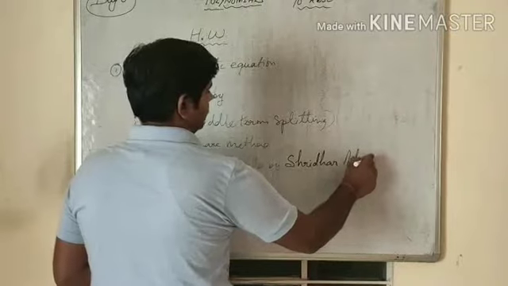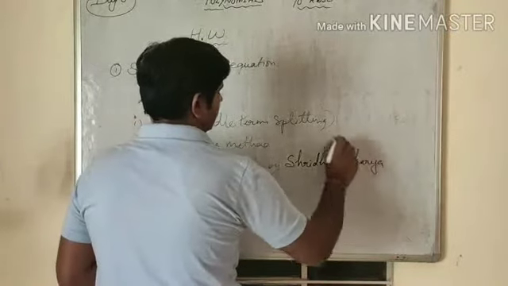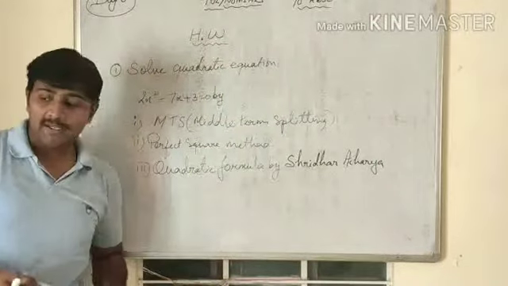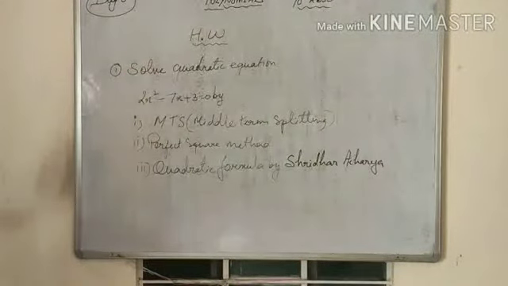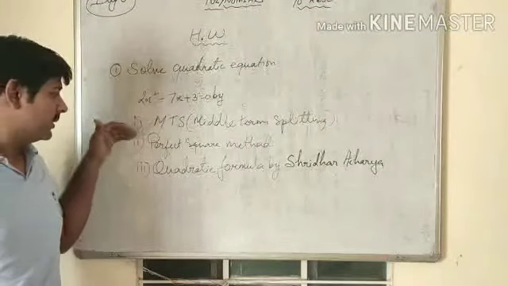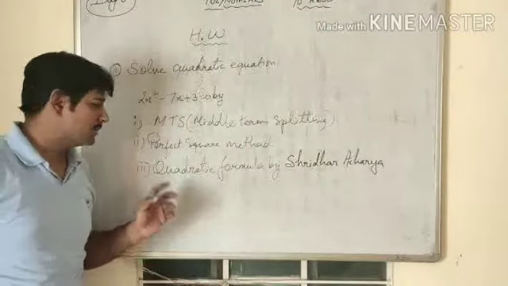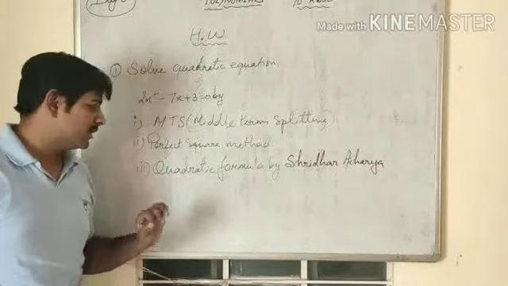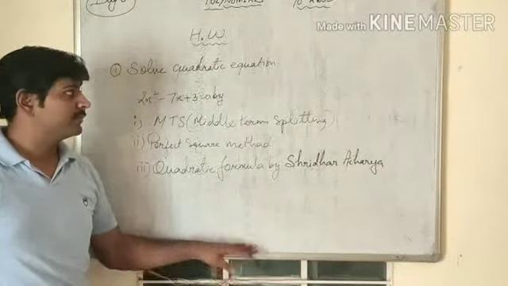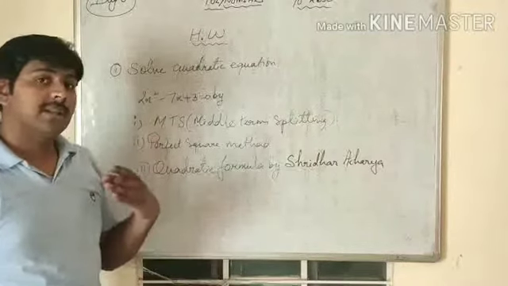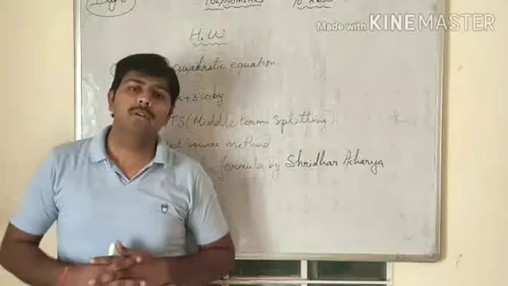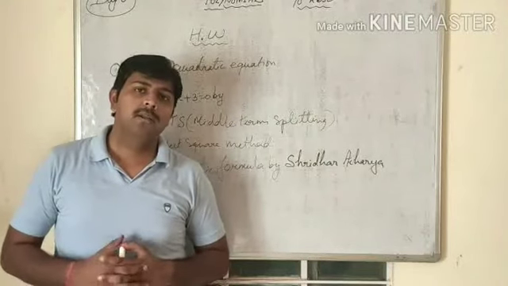Solve this question by three methods. In the whole chapter we learned these types of methods. First was the MTS, that was factorization method also, perfect square method, and last is quadratic formula that we learned yesterday also. In next session we will learn the next second question of 3.5 and we will go through the complete exercise also.